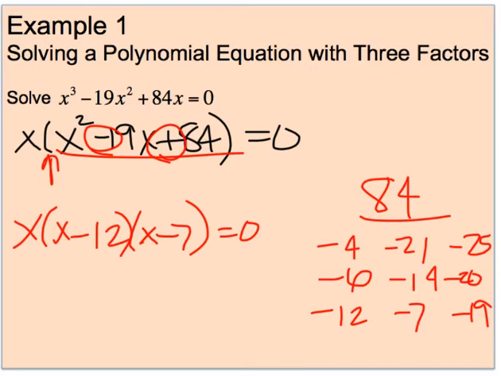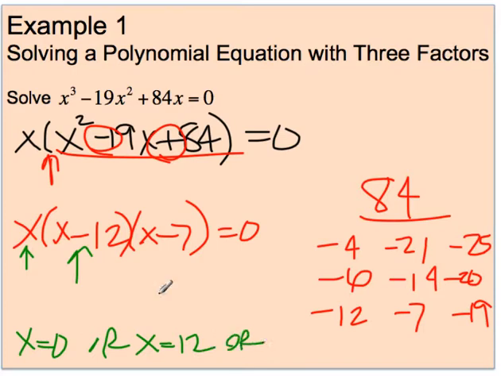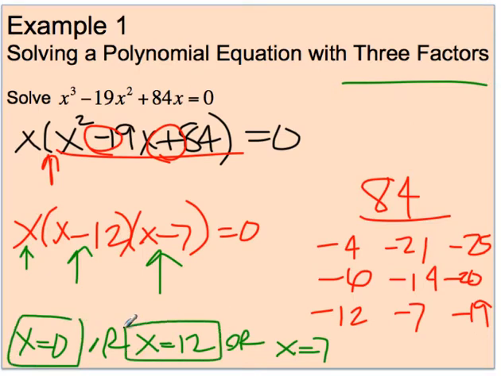The zero product property tells me either this is 0, which means x is 0, or this part is 0, which means x would have to be positive 12, or this part is 0, which tells me x must be 7. So you can see here there are three factors, and so we end up with 3 answers.